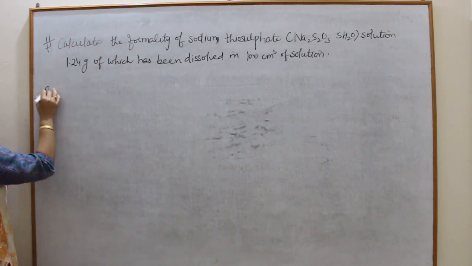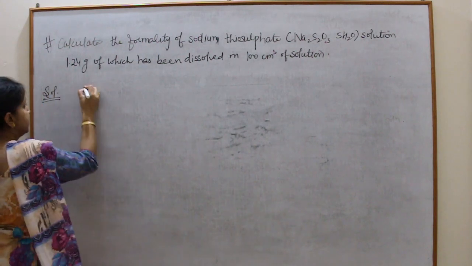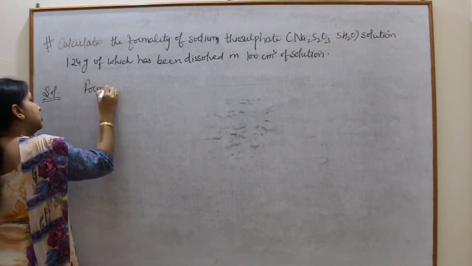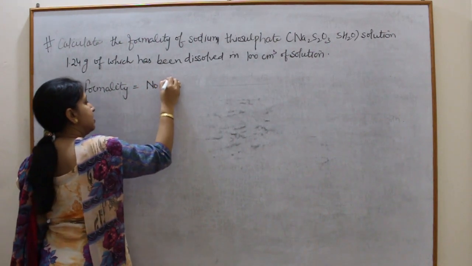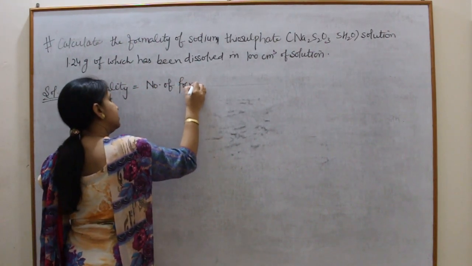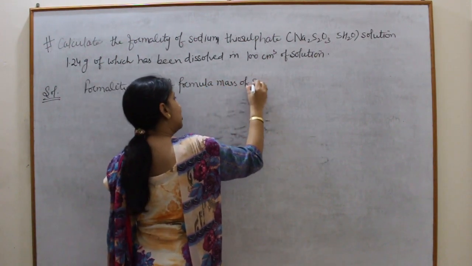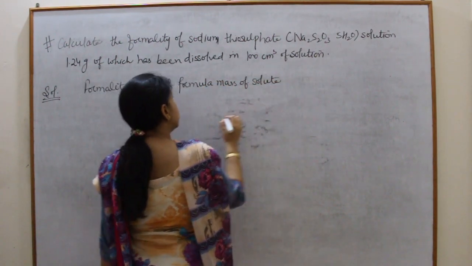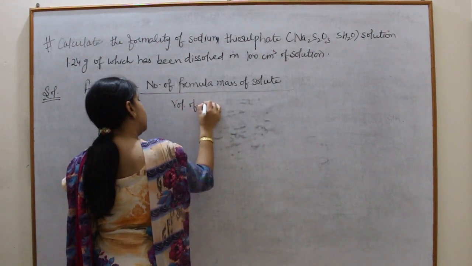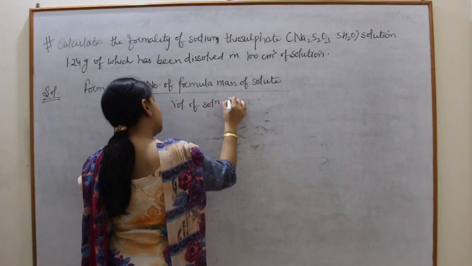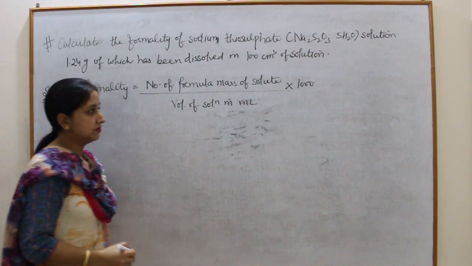हाँ जी, so we have to calculate the formality. So formality is equal to number of formula mass of solute divided by volume of solution in milliliters multiplied by 1000.